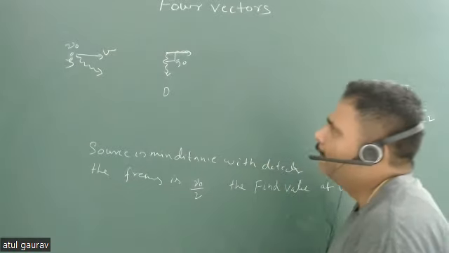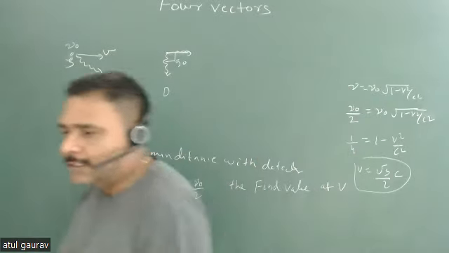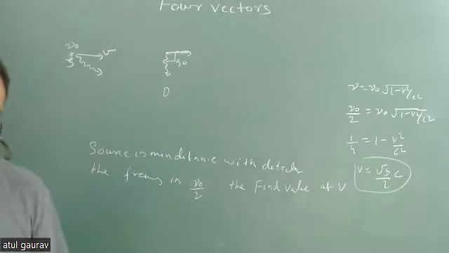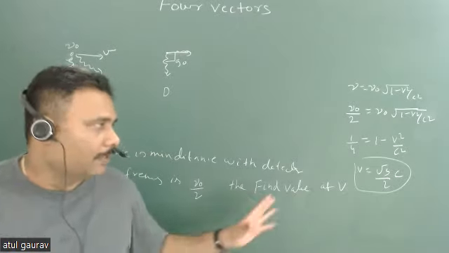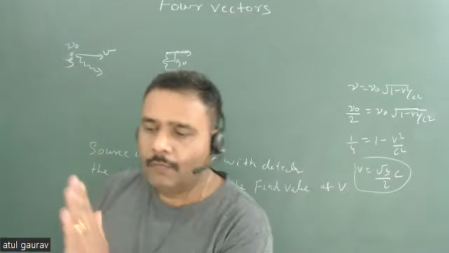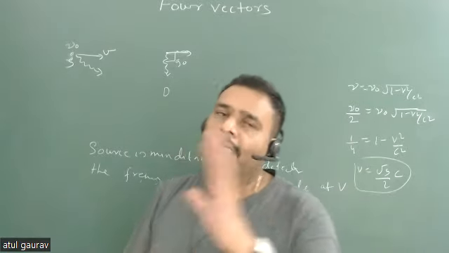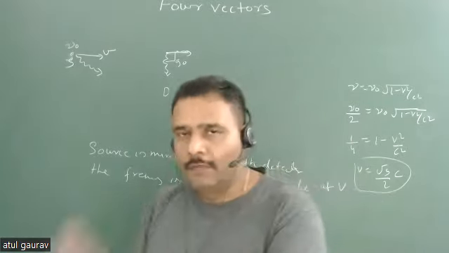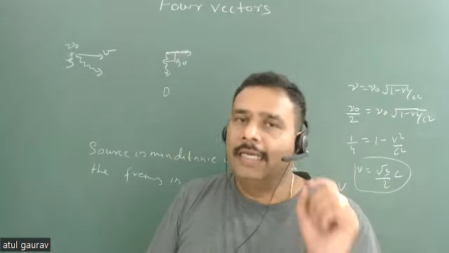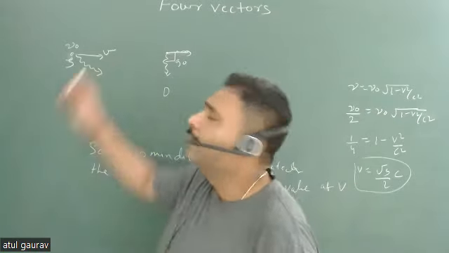So obviously this should be less than nu naught when it comes to the transverse case. Okay. So this type of question can come into your examination, and you can always see what is the situation between detector and source, between observer and source, and V is nothing but the relative speed.